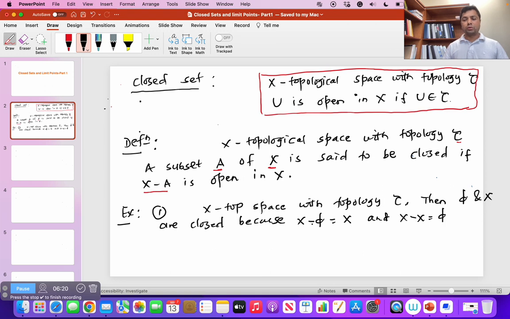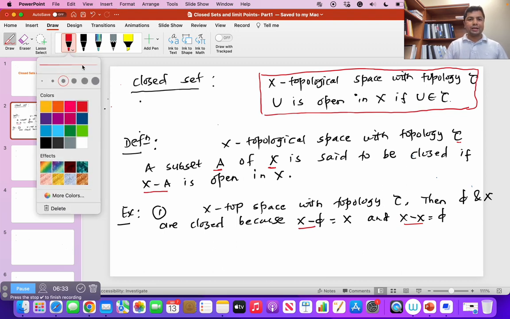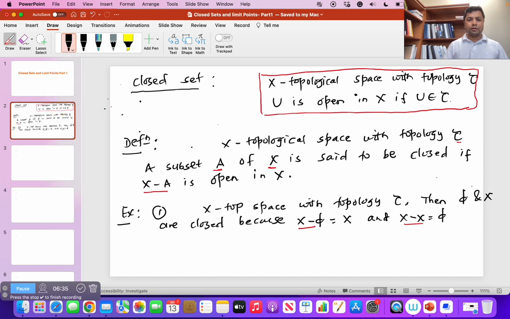So both the complement of the empty set and the complement of the whole set are open in X, so the empty set and the whole set are closed in X. Okay, so that's the first example.